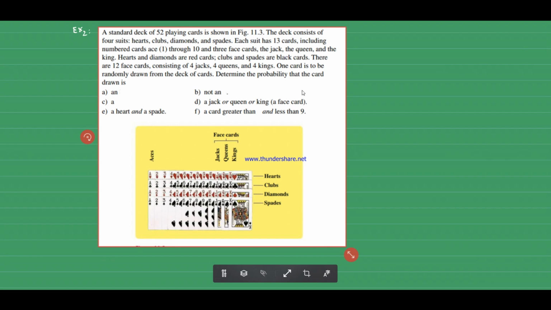Now the question is to find the probability of drawing a card. Find the probability that the card drawn is, let me change a little bit over here, let's say I want to draw a card 7.